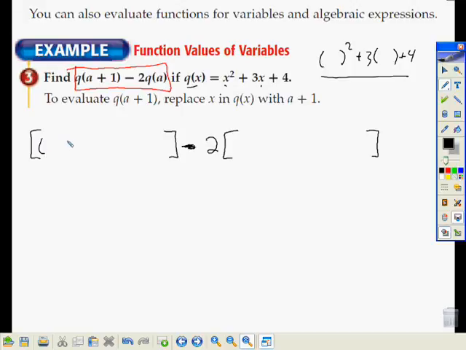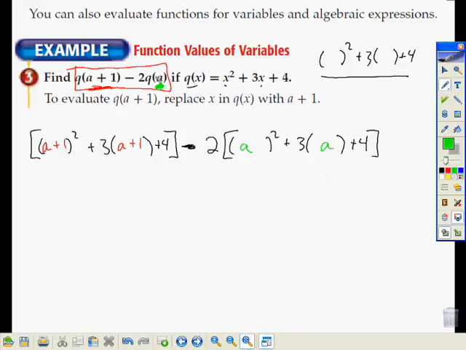So I have my x squared plus 3x plus 4, x squared plus 3x plus 4. But I have to consider what I'm plugging into this. For the first one, instead of x, I want a plus 1. So I'm going to plug that in. For the second part of this, I'm just plugging an a in here.